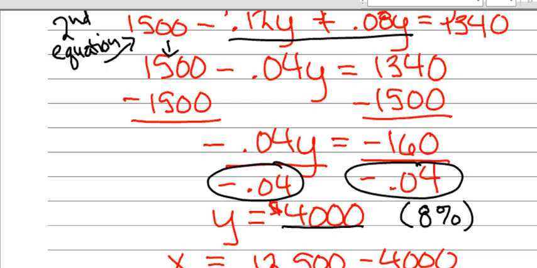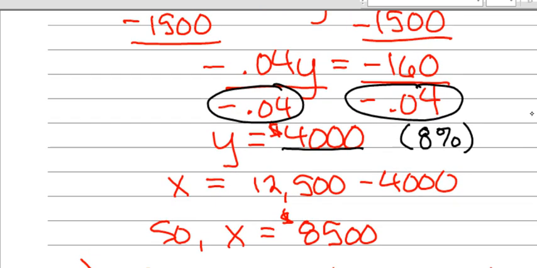Now remember, with systems, you need to have an X answer and a Y answer. So if Y is 4,000, and I know she invested a total of 12,500, my X is going to be equal to 12,500 minus the 4,000, and what's left over is 8,500, and that was what was invested at 12%.